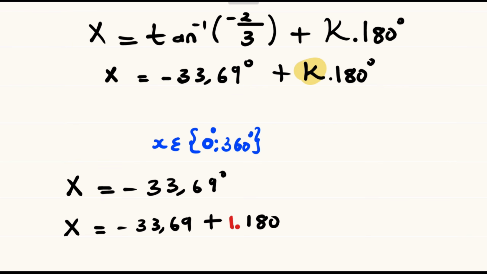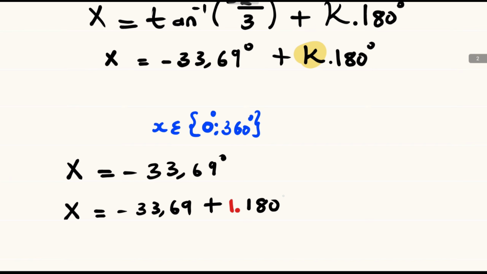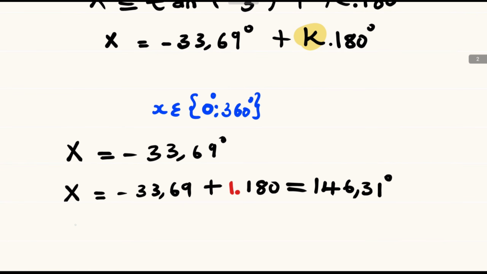We substituted 1 for that k, and this will be equal to 146.31 degrees. And when we substitute 2 in the place of the k, so we have 2 multiplied by 180 degrees.